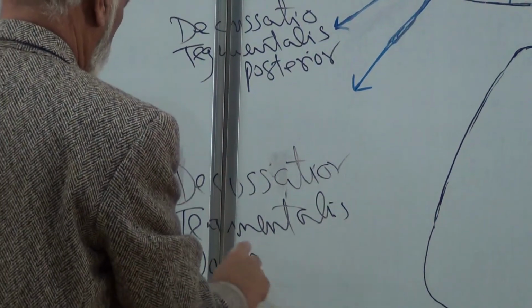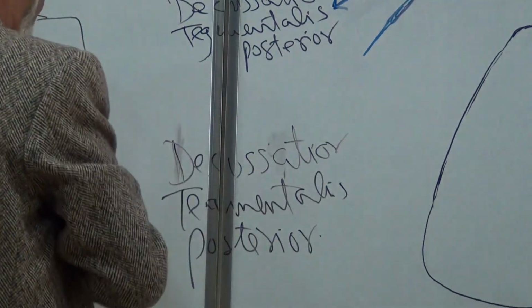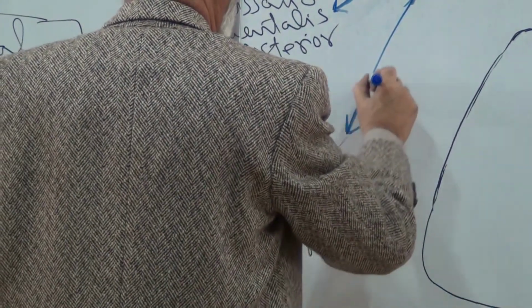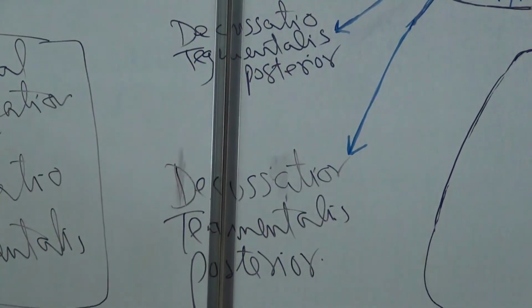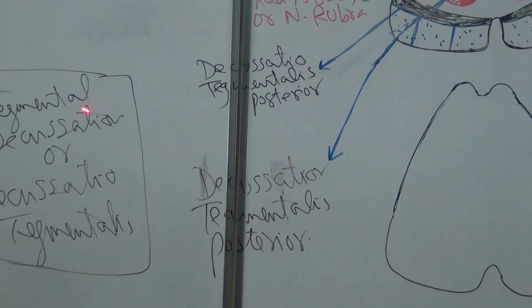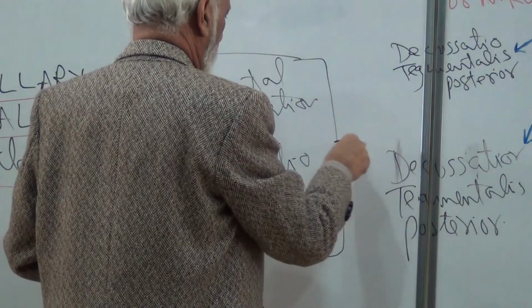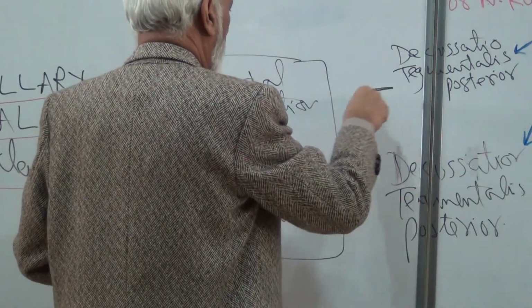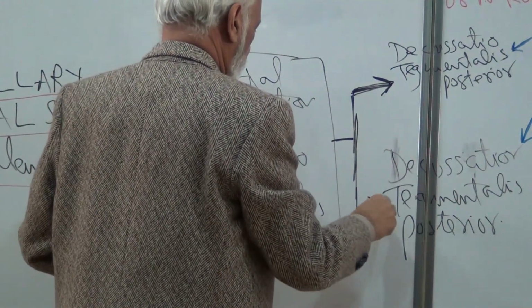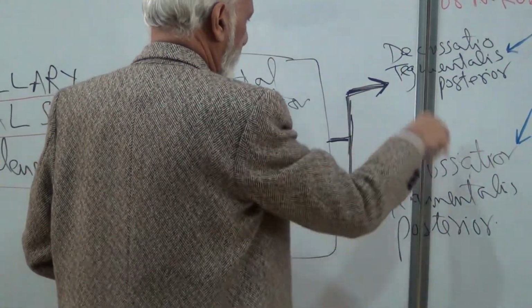Collectively they are known as the tegmental decussation or decussatio tegmentalis. So decussatio tegmentalis we divide into a dorsal part and a ventral part, posterior part and anterior part.